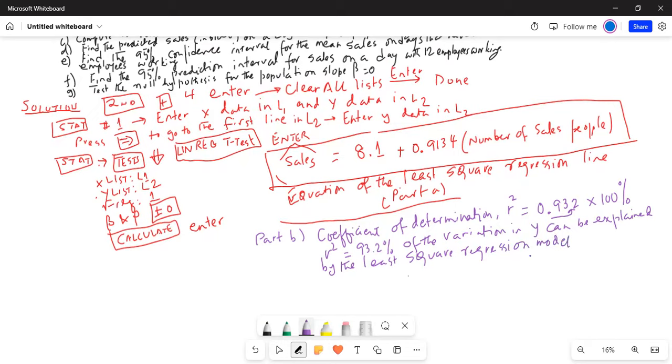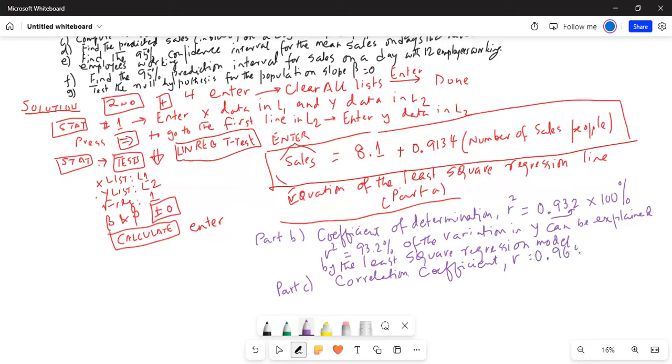That is the interpretation of R square. Now part C asks for the correlation coefficient, which is R. And then you scroll down to get the value of R, which is 0.965.